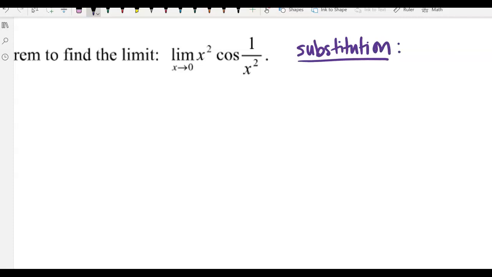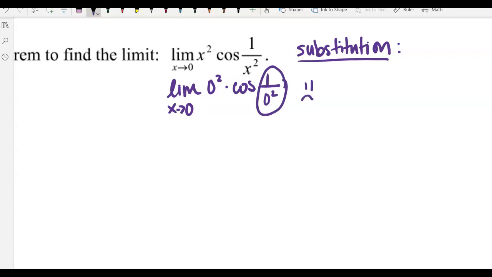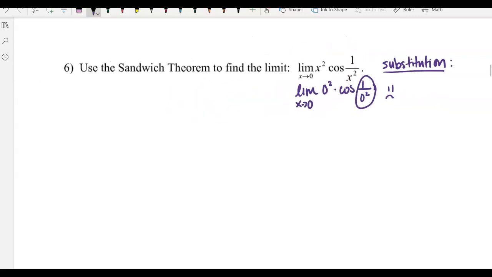So when we find this limit, we're going to plug what in for what? 0. So 0 squared times cosine 1 over what? 0 squared. Ooh. No, can we have a 1 over 0 squared? No, sad day. Okay. So we can't have 0 in the denominator.